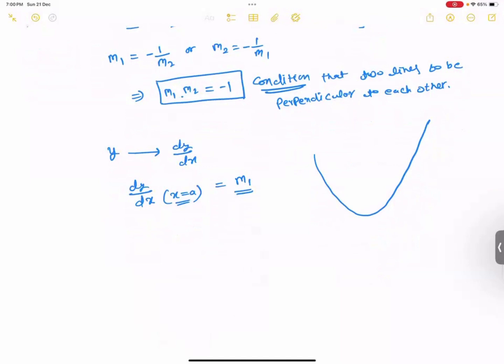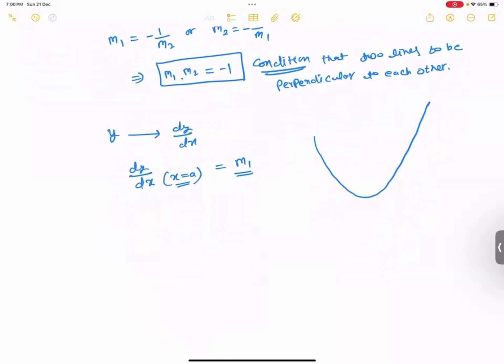And now if we want to find the equation of the tangent, then we will need the x value and the y value. Let's say the x value is a, and we put this value in the original equation and solve it to get the y value. Let's say b I'm getting. So I have two values, a and b, one is the x value, one is the y value. So this is the coordinate of the point where we want to find the tangent.